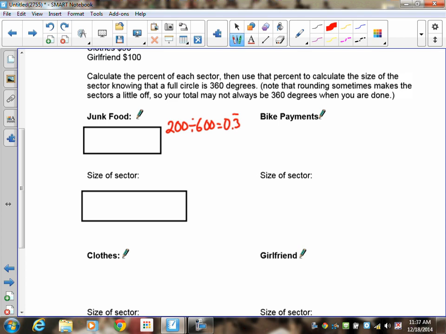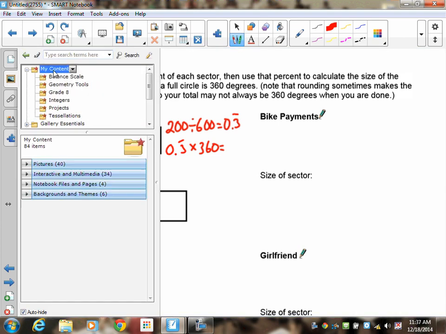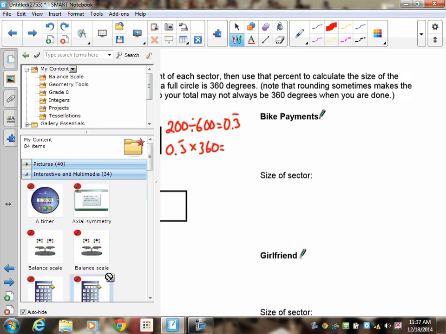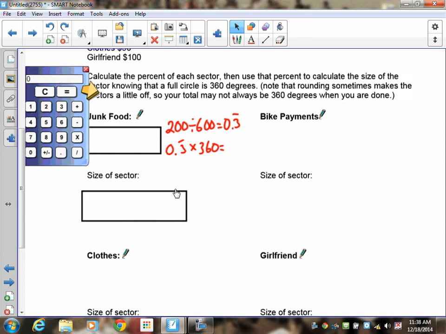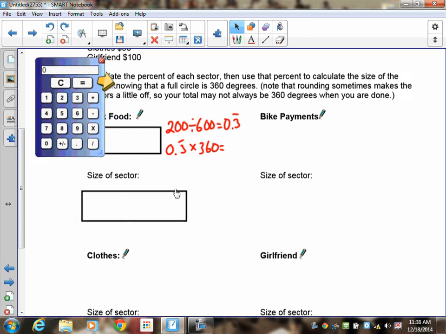Now there's a way around this to shorten things up. Rather than taking 0.3 of 100, we can take 0.3 of 360, because there's 360 degrees in a circle. So 0.3 times 360, if you grab your calculator. Grab your calculator, and we're going to make it bigger.